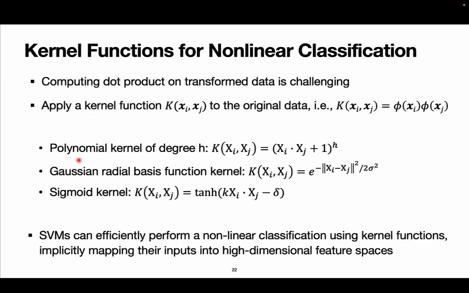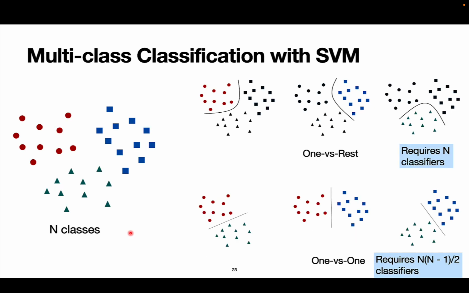We can do that by using the polynomial kernel with h equals 2. The Gaussian radial basis is used for infinite dimensional feature space, and the sigmoid function resembles the activation function from neural networks.